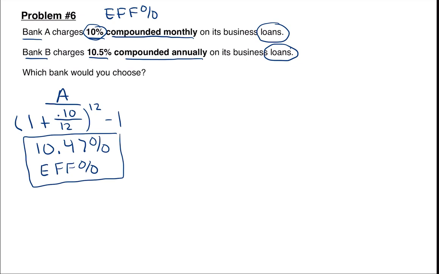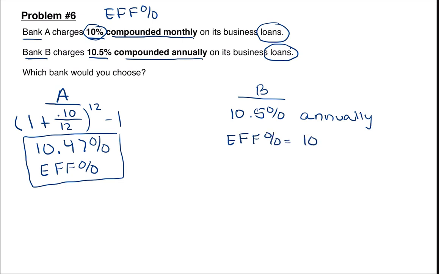Now I want to compare that to Bank B. So Bank B charges 10.5% compounded annually. Now if we have a compound that is annual, that means that our effective rate will be the same as our nominal rate. So in this case, my effective rate for Bank B is equal to 10.5%.